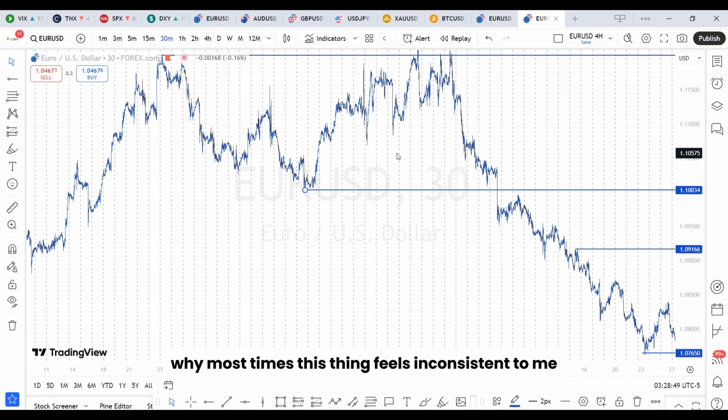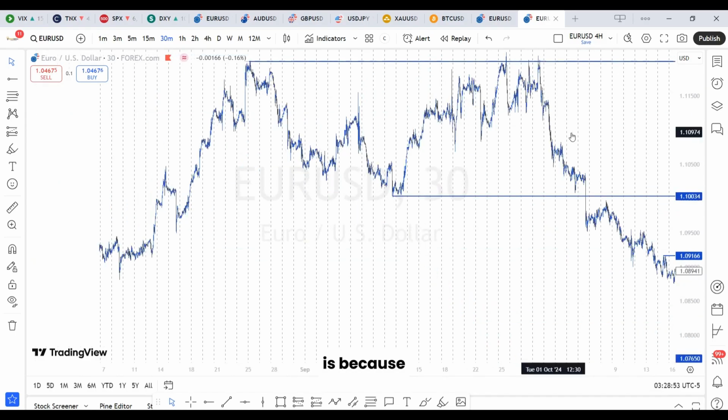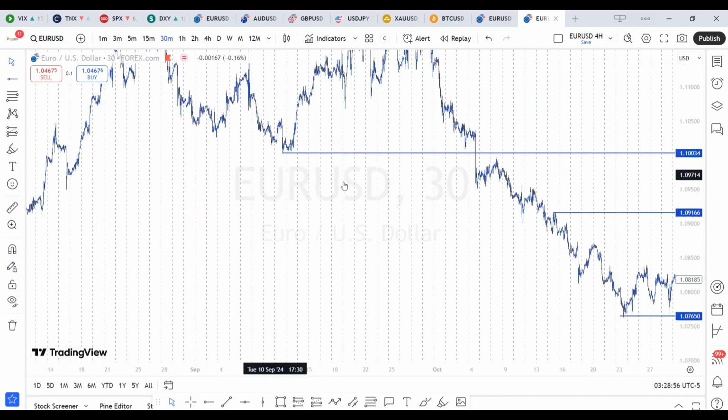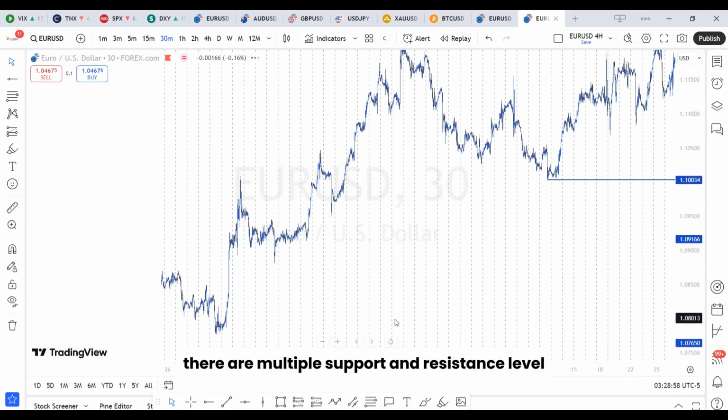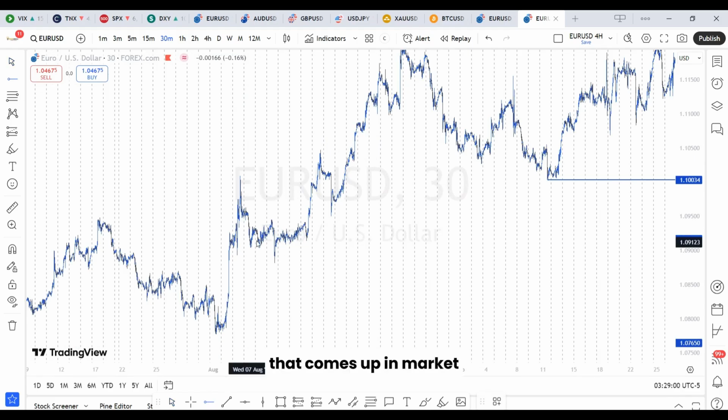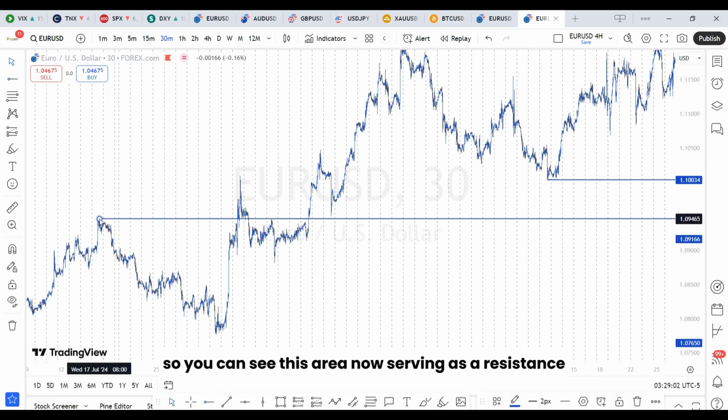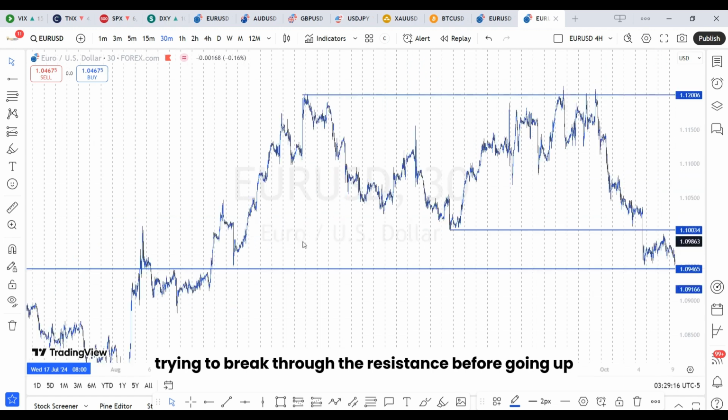Why most times this feels inconsistent to me is because there are multiple support and resistance levels that come up in the market. You can see this area serving as a resistance, then the resistance broke out, came back here and served as a support. So resistance broken, turned support, then the market ranged here trying to break through the resistance before going up.